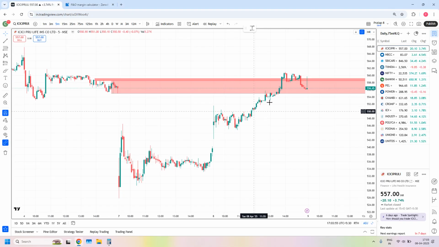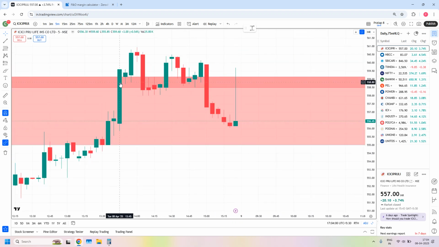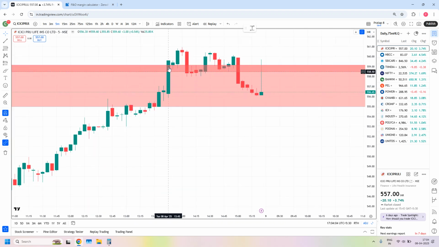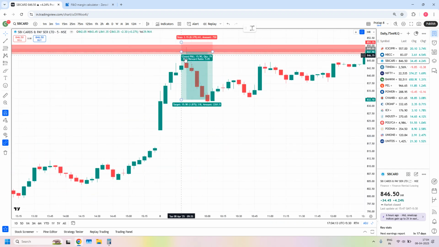First of all, when we got the entry in this stock, you got the entry at 1345. At 1345 you would have taken the entry. But before that, you would have completed this SBI card trade, when you got the SBI card trade at 940.